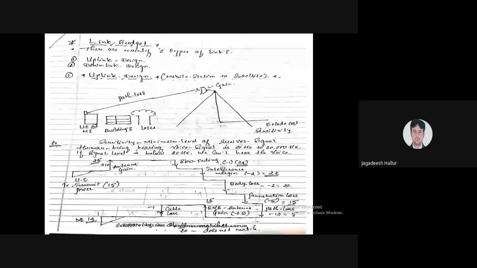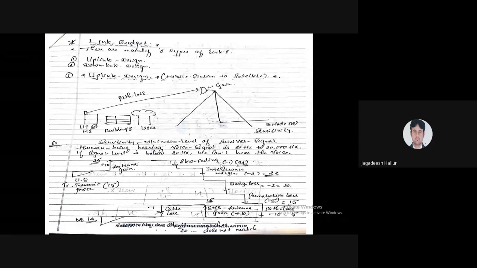Okay. If your designed signal is above 14, then you can hear the voice. If your designed signal is below 14, you can't hear the voice.